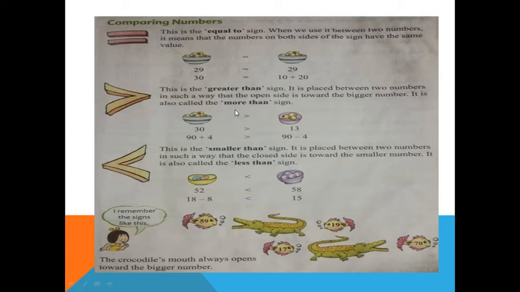Now what will you do for smaller than or less than? You will take 3 apples in the right hand and 2 apples in the left hand. Please do this activity according to the sign I am explaining to you. Here big means before, you were keeping the 3 apples in the left hand, that's why the big sign is coming here, and the pointing is to the right side, meaning the right side has 2 apples.